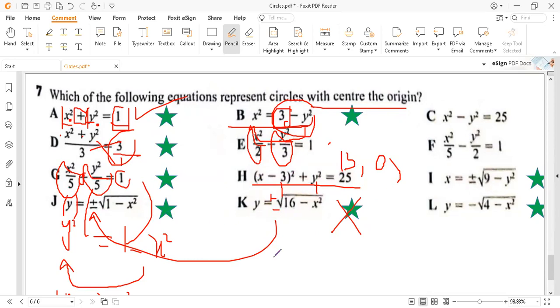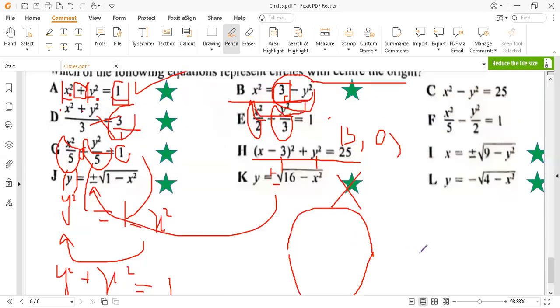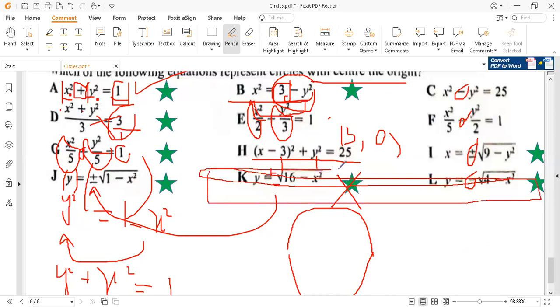Because if we have a plus, we are talking about the upper half circle, and if we have a minus, we are talking about the lower one, under the x-axis. We have a plus or minus: yes, it is a circle. We have a minus only: it is a semicircle, like this. The same reason we have here. So these two are not complete circles centered at the origin, but semicircles.